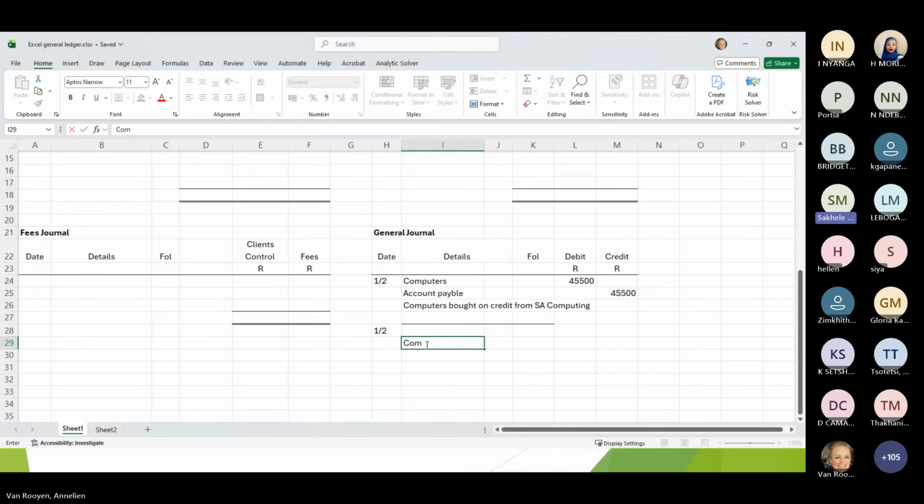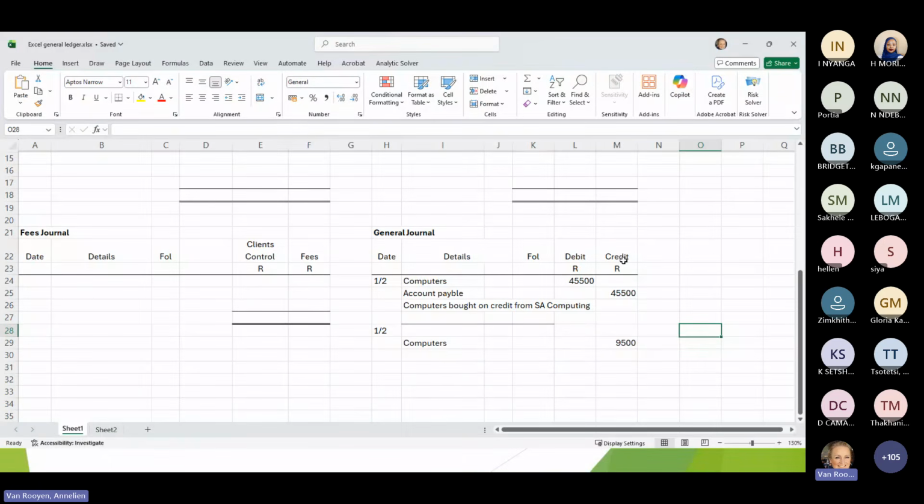Computer equipment. Can you see how I think about these things? So there's now less computers in the business. Therefore, it's a credit computers. We can't debit equipment because then it increases.